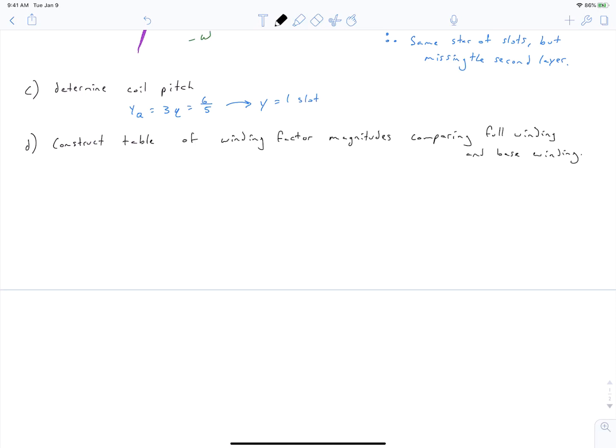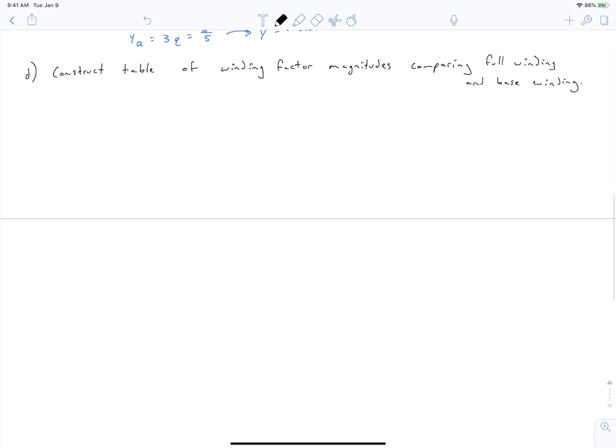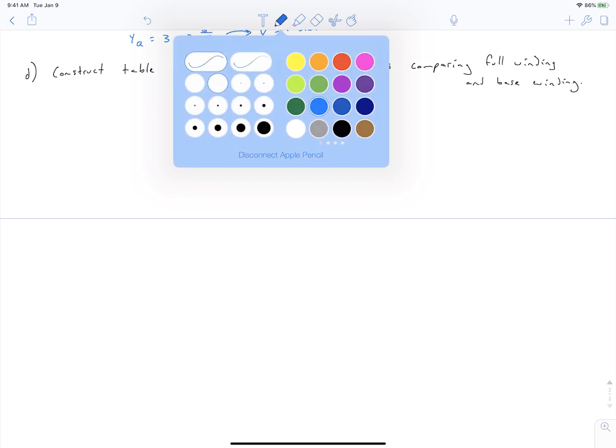Next, I want you to construct a table of winding factor magnitudes that compare the full winding and the base winding. You can give this a try on your own if you want, but I suggest that you watch me do it to see the approach that I take. We're going to do this by calculating winding factors from a pitch factor and a distribution factor, where we've noted their definitions in a previous video.